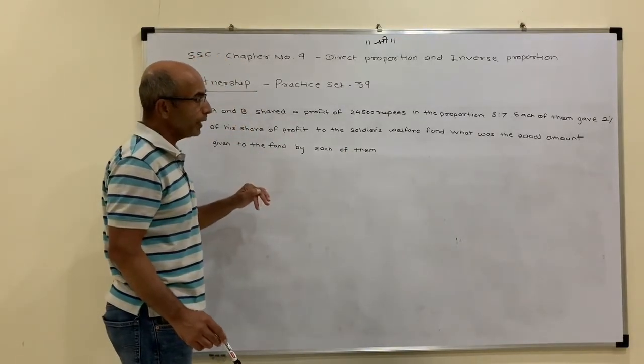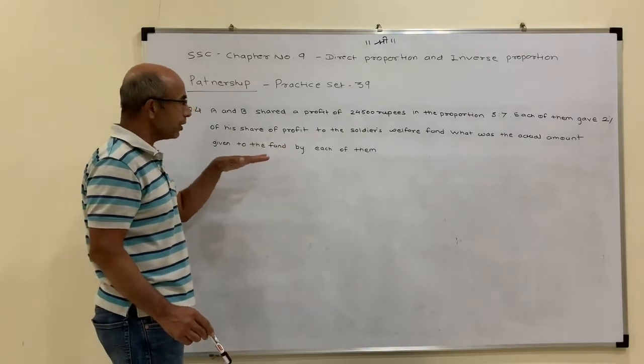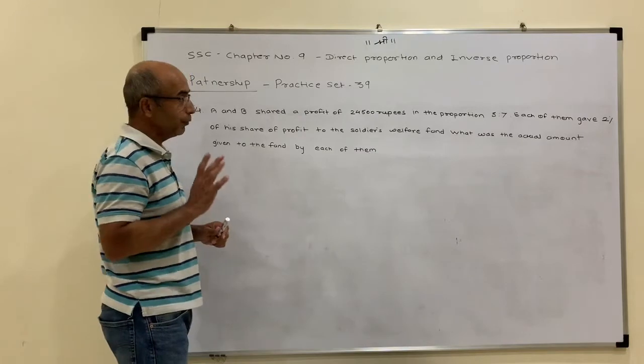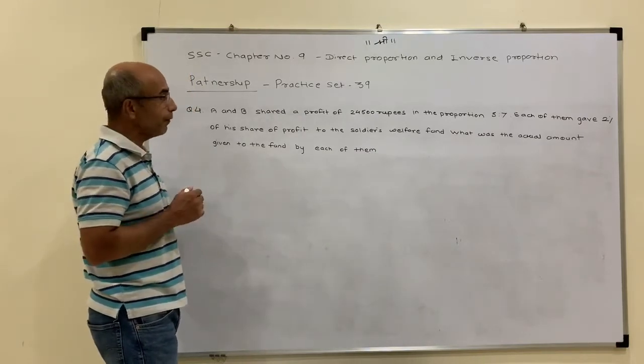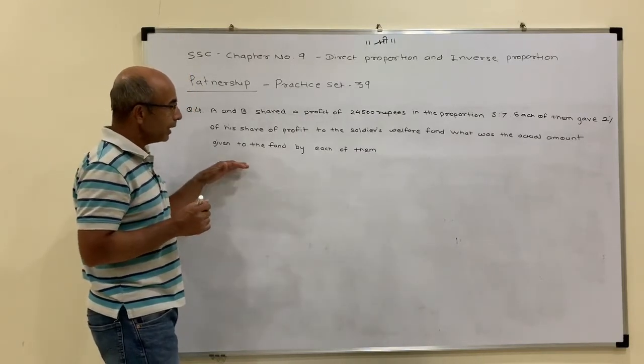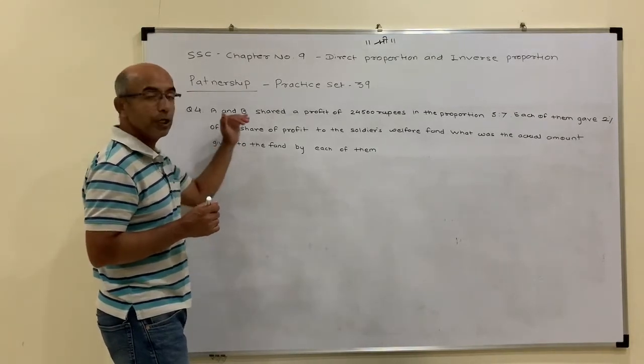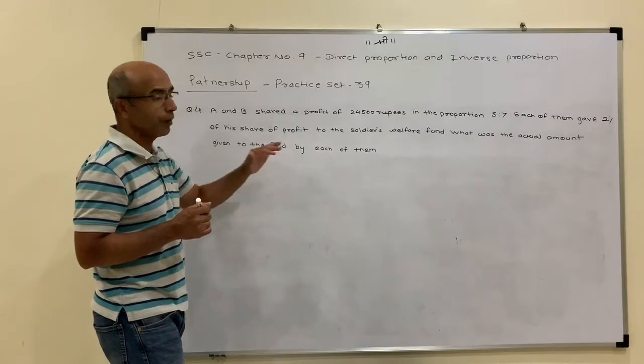And what we need to find out? What was the actual amount given to the fund by each of them? We need to understand this problem very clearly. How much they gave together, they didn't ask. They asked individually how much they gave to the fund.